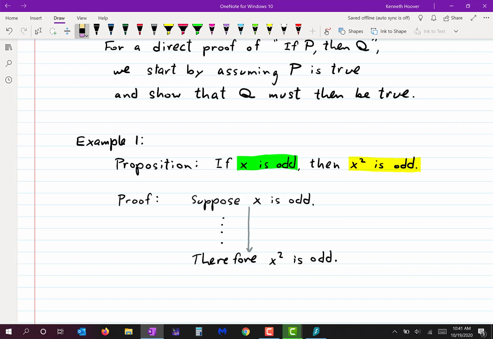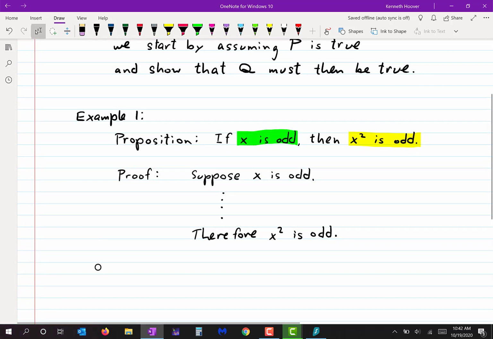So here's what we're going to do. What do we have to go with? Well, the only thing I have to go with is x is odd, and I want to show that something else is odd. So the only thing I really have to use at this point is, what does the word odd mean? Very, very important to know your definitions.